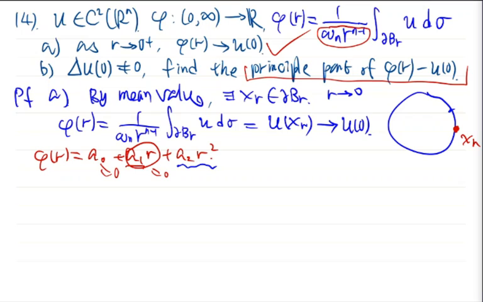So in other words, we need to study the derivative of phi with respect to r. To compute d/dr of phi r, observe the expression of phi: r appears not only in the expression but also on the surface, that is the sphere. r is precisely the radius of that sphere.